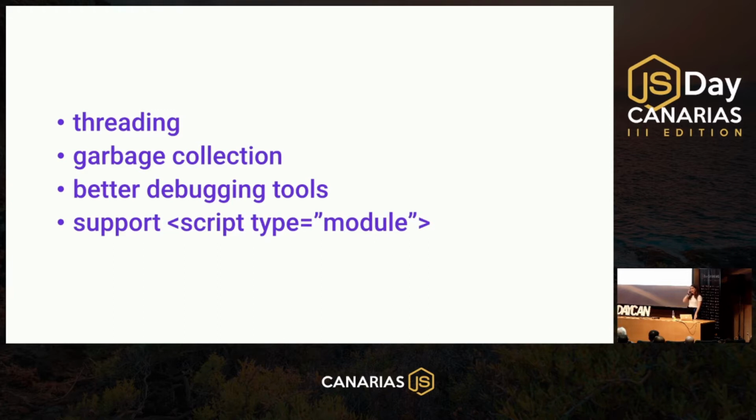Another really important thing that's coming to WebAssembly is garbage collection. This will make support for languages like Java or C# much easier in WebAssembly. And another really important thing is better debugging tools. All the browsers are working on them, something that will allow you to have your WebAssembly module and easily inspect the original source code written in C or Rust.